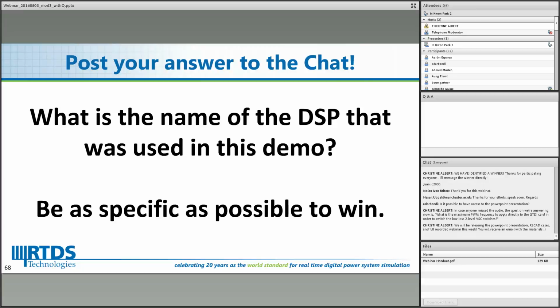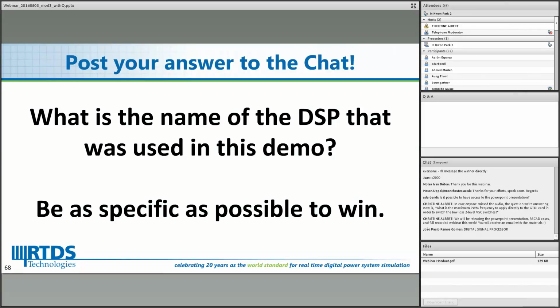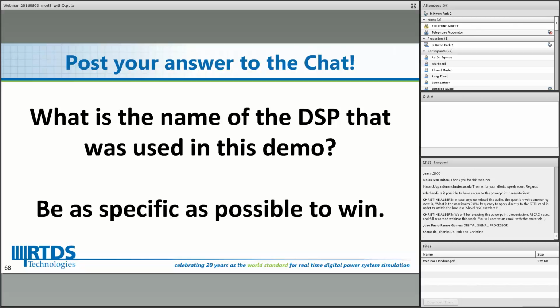That means, let's say your small time step is 1 microsecond. Then probably the maximum PWM frequency you can get is around 10 kilohertz. At 10 kilohertz, the switching period is 100 microseconds, so 1% of 100 microseconds becomes 1 microsecond.